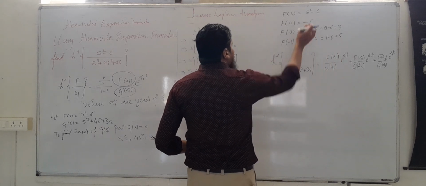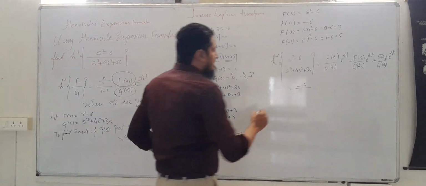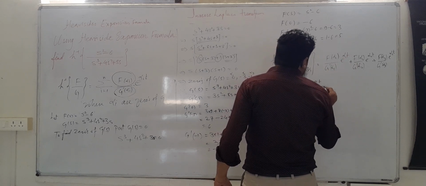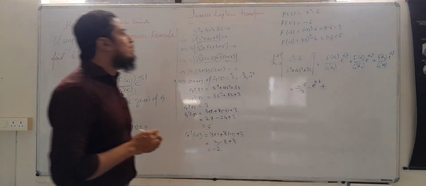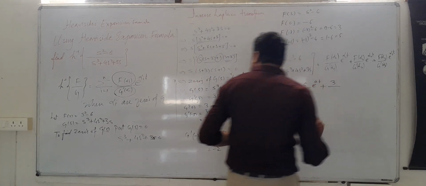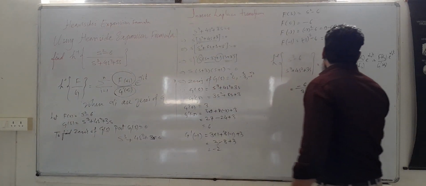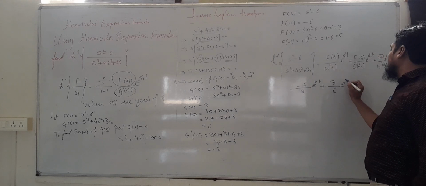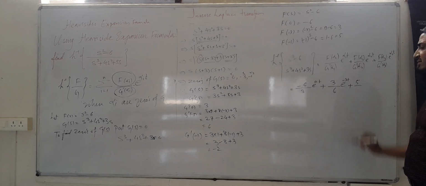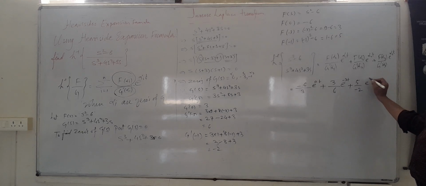F of alpha 1, that is minus 6, upon g dash of alpha 1, that is 3, e raised to the value of alpha 1, which is 0, into t, plus f of alpha 2, and alpha 2 is minus 3, so that is 3 upon g dash of alpha 2, which is 6, e raised to alpha 2, meaning minus 3t, plus f of alpha 3, that is 5, upon g dash of alpha 3, that is minus 2, and e raised to minus t.